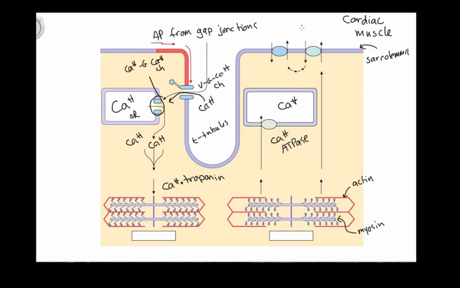Calcium can also be pumped out of the cell in exchange for sodium. So we have calcium ATPase pumping calcium back into the sarcoplasmic reticulum to cause relaxation. So I'll put relaxation. And calcium being let out is what causes contraction.